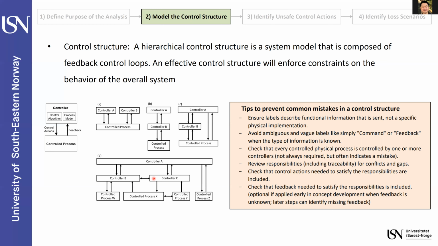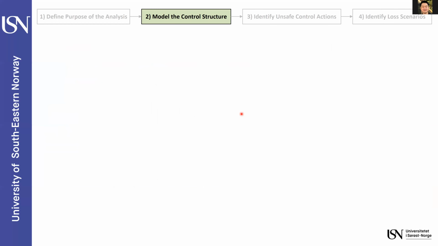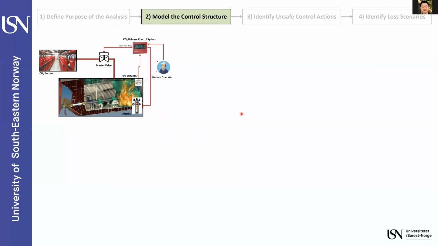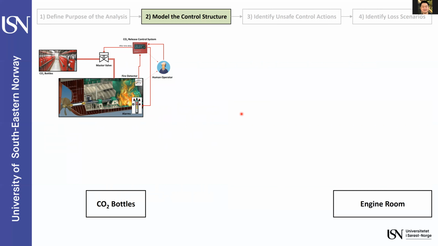Okay, then based on this definition here and based on these tips here, let's establish our own control structure for the CO2 firefighting system. As you can see here, we start from the CO2 bottles. We have CO2 bottles and we have the engine room.